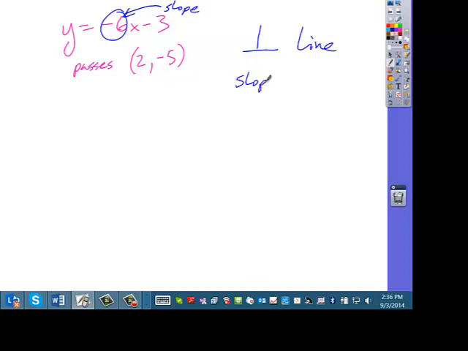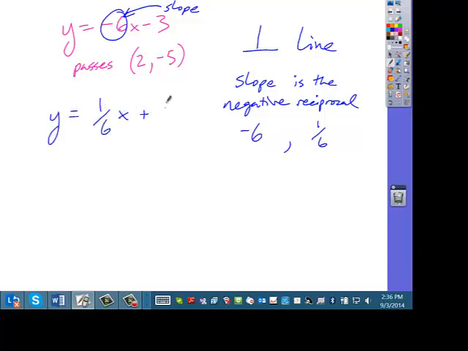For the perpendicular line, the slope is the negative reciprocal. So it was -6. Now it's going to be +1/6. That's the negative reciprocal. So we have y equals mx plus b.